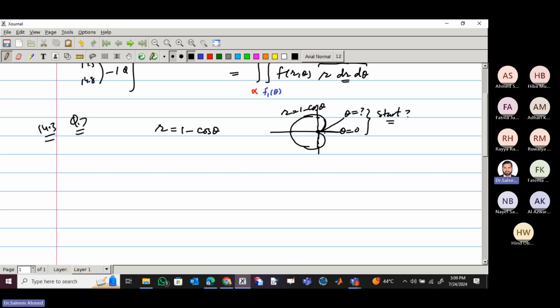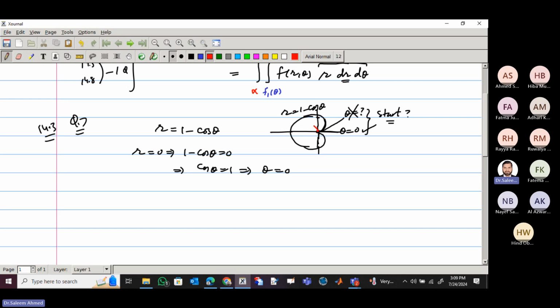So what we can do is put r equal to 0 to find that point. If I put r equal to 0, 1 minus cos theta is 0. Cos theta is equal to 1. If cos theta is equal to 1, it means theta is equal to 0. Right. So yes, this is the point, not this. It means my cardioid is starting from 0.